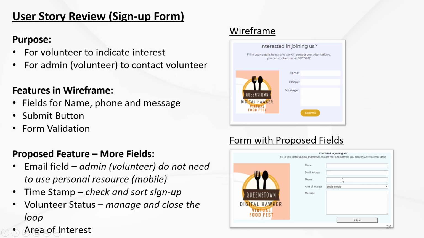We also need to take note that there's not only one admin, there are many admins. So how do we know which volunteer has been engaged? Over time, it will also be an issue if there's no volunteer status. Last but not least, we want to include area of interest so that we can streamline the process of directing the sign-up to the correct team members.